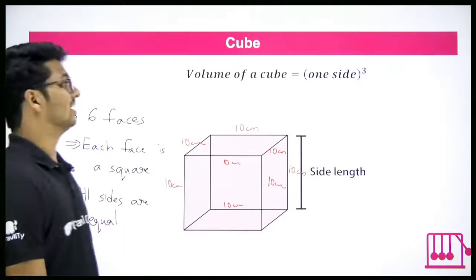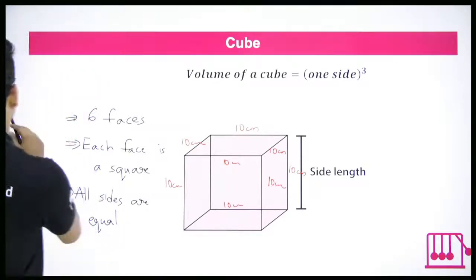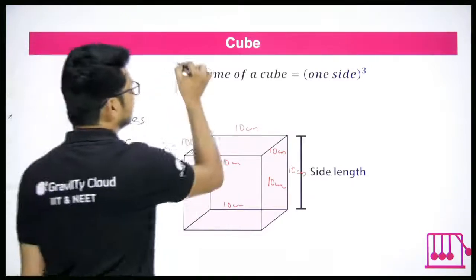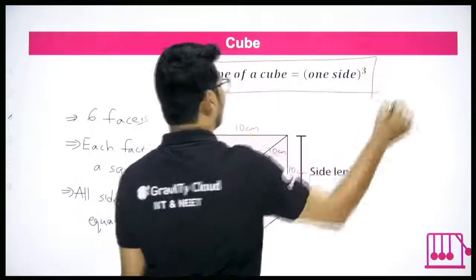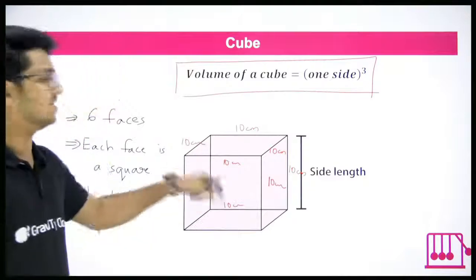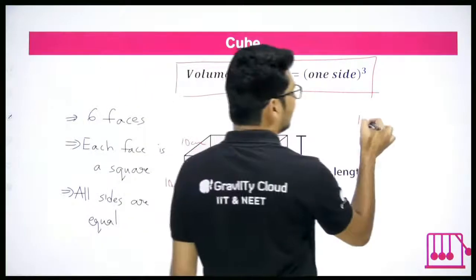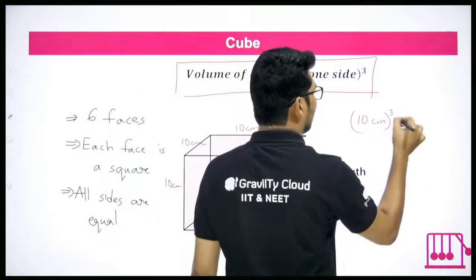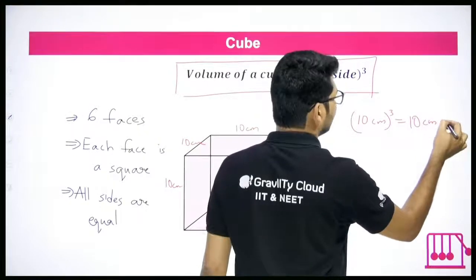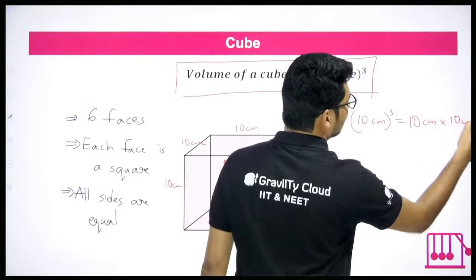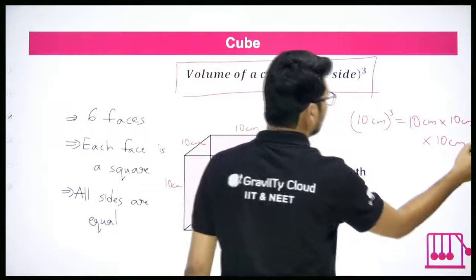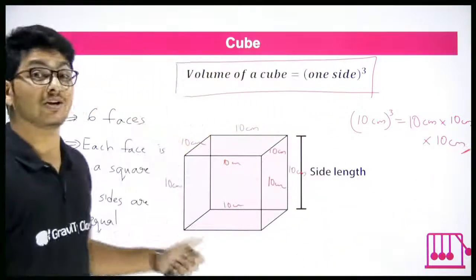And what is the formula for volume of a cube? It is nothing but one side cube. So for this example, it will be 10 centimeter whole cube. That means cube 3 times. It is 10 centimeter into 10 centimeter into 10 centimeter. That's what cube means.